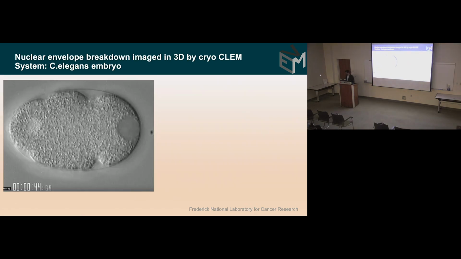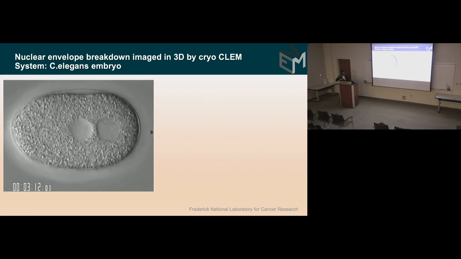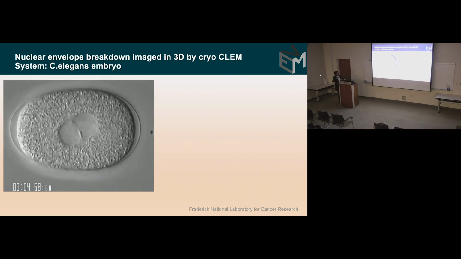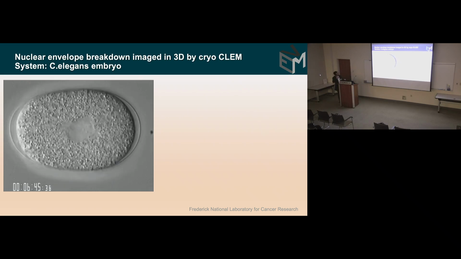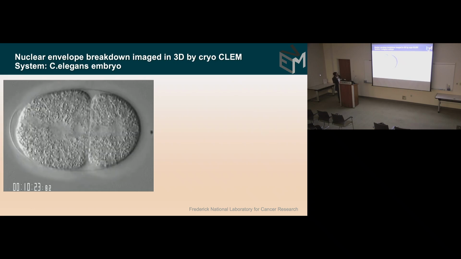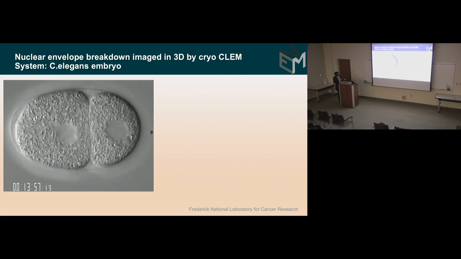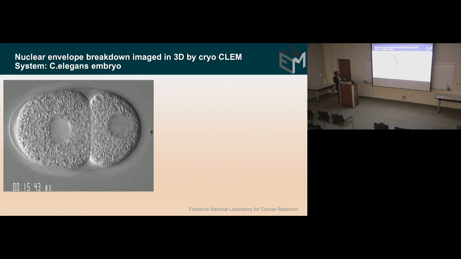Another case to show you how painful it can get is this was another deep multi-year collaboration where we wanted to look at the dividing C. elegans embryo. So what you're looking at, this is in real time, not in real time, excuse me, this is in minutes. You can see a single cell stage to a double cell stage.